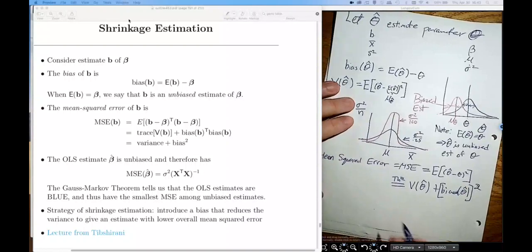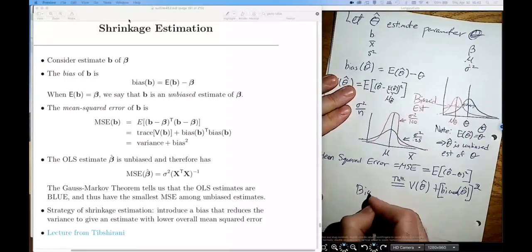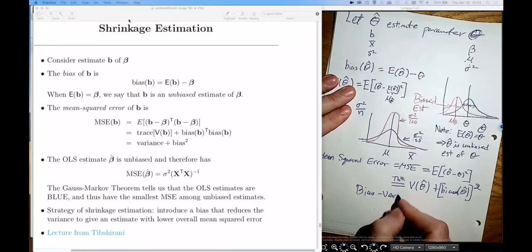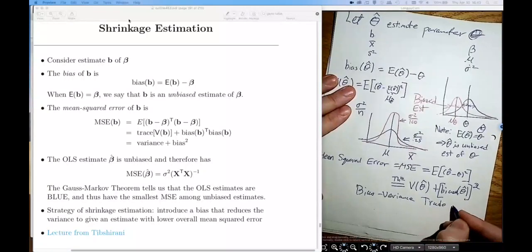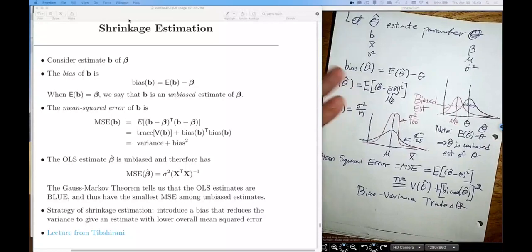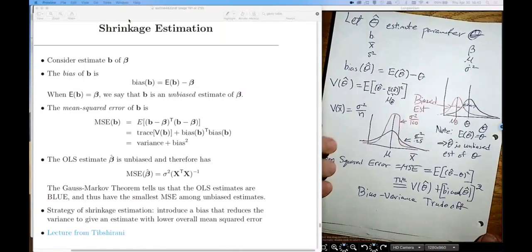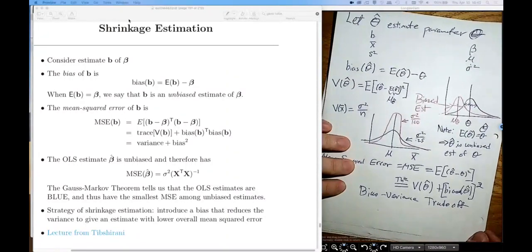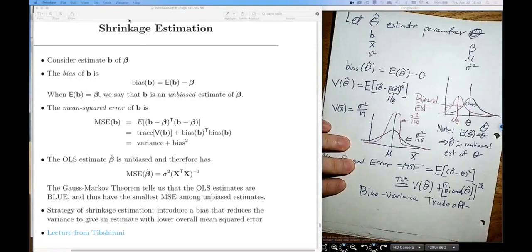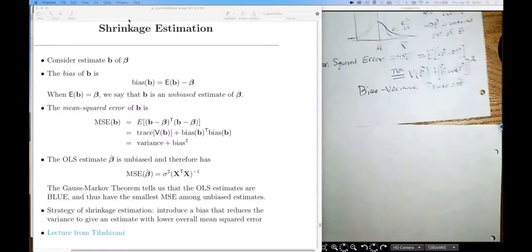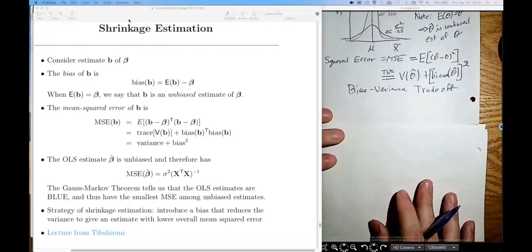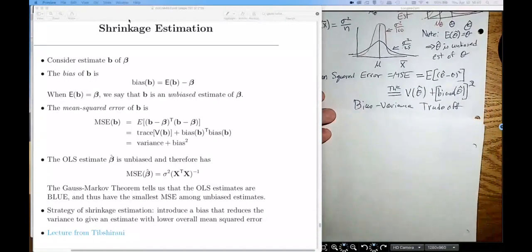This is called the bias-variance trade-off. This is a very important result, and we're going to be dealing with it for much of the rest of the quarter. Let me draw a few pictures to understand what this is about.